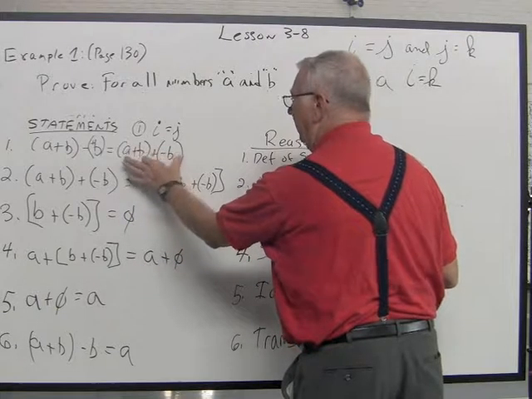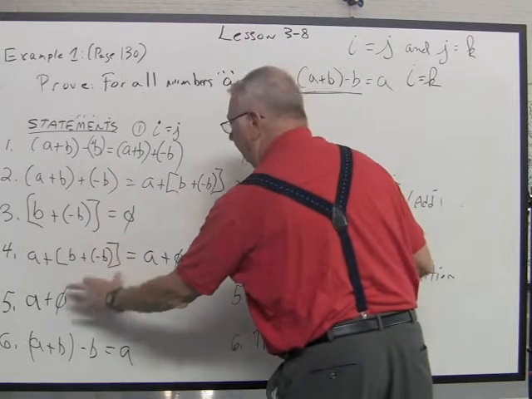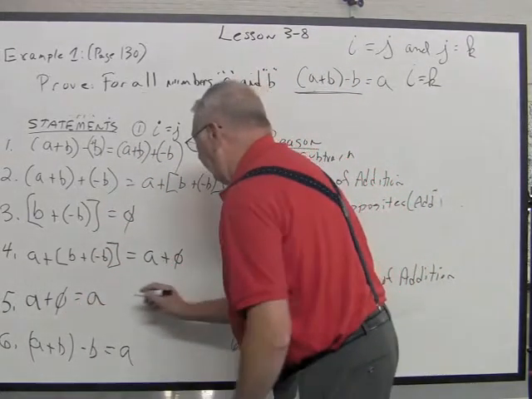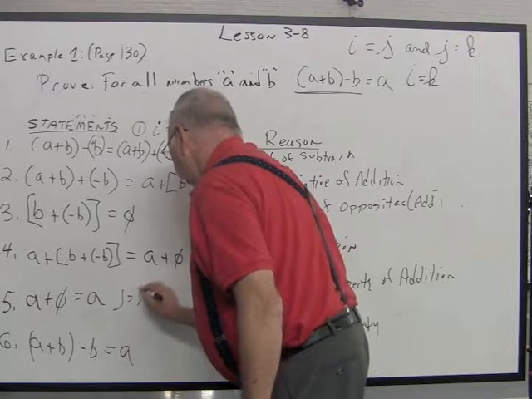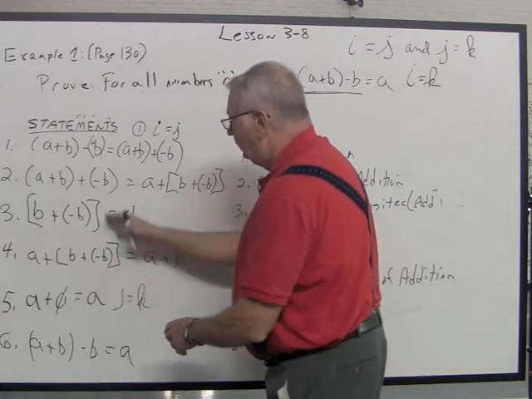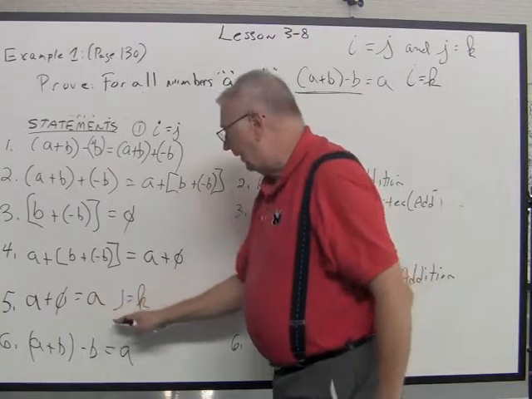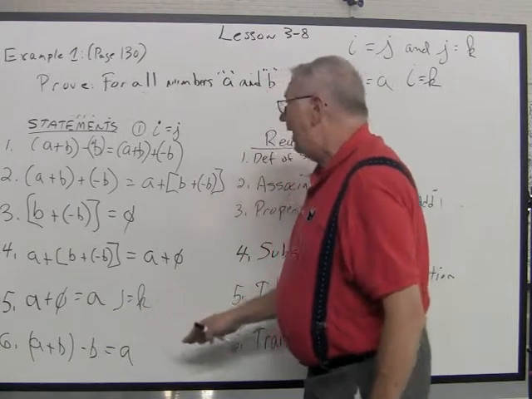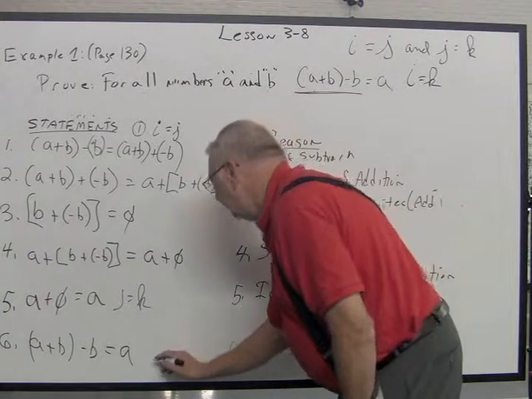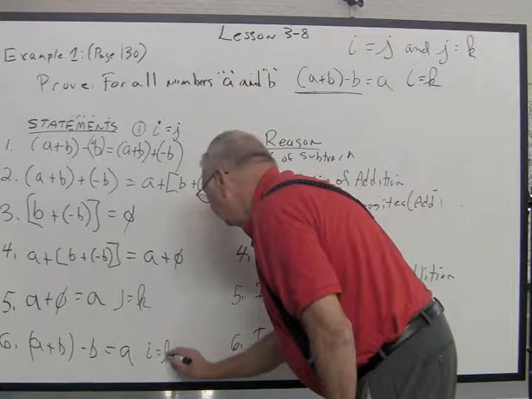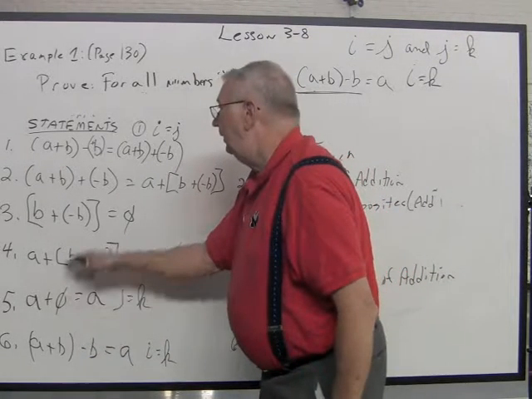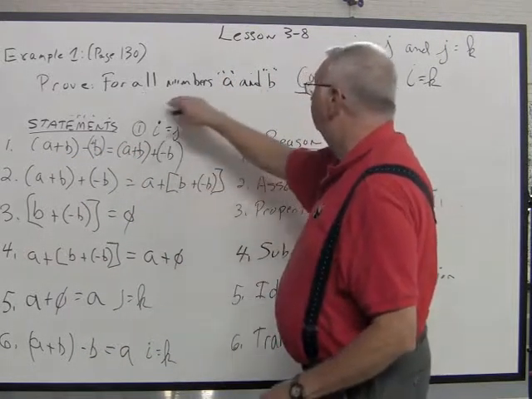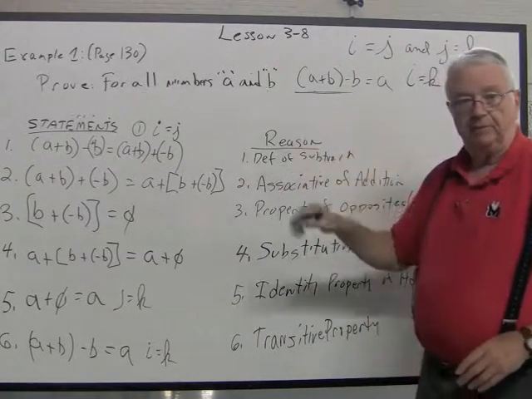Here's my j equals k, but it's through many steps that we got to that, and now by the transitive property, i equals k, which would be what we were trying to prove originally.